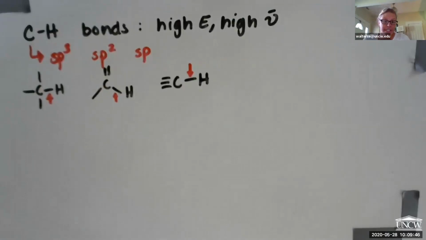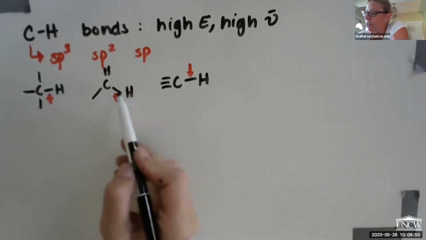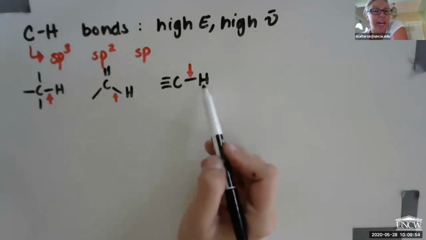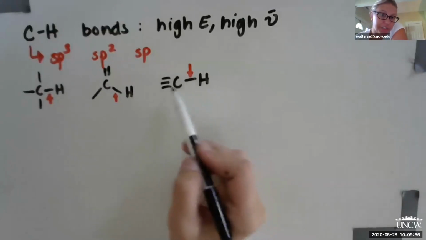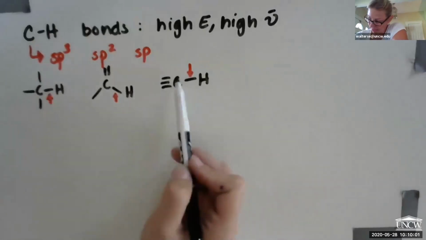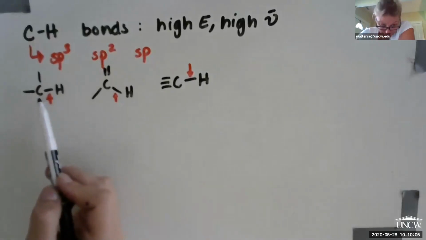Now what's interesting is that these three bonds, even though they're all between carbon and hydrogen, are going to have different stretching frequencies because of how locked up or less locked up the carbon is.